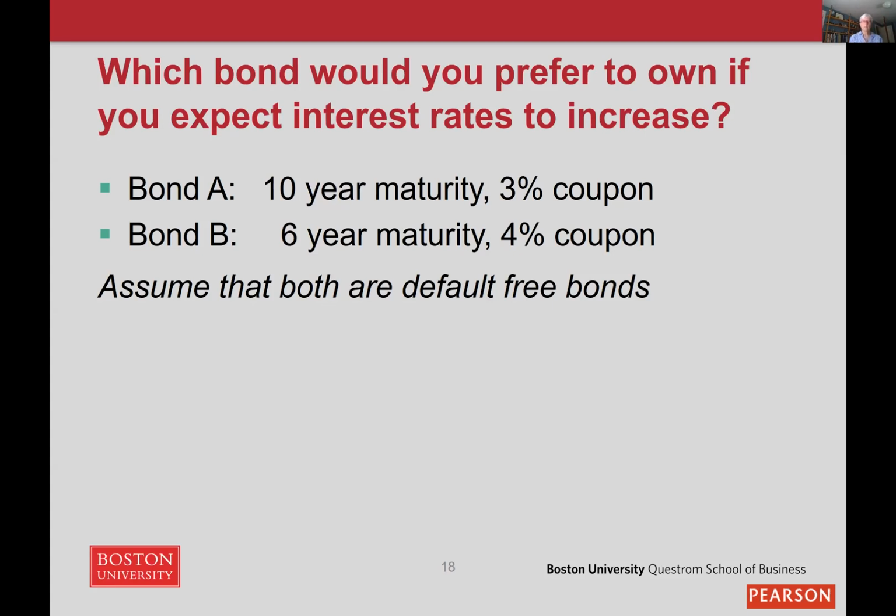One of them has a 10-year maturity and a smaller coupon. One of them has a 6-year maturity and a bigger coupon. If interest rates are going to increase, think about it for a moment and put in the chat box which one you would rather have.